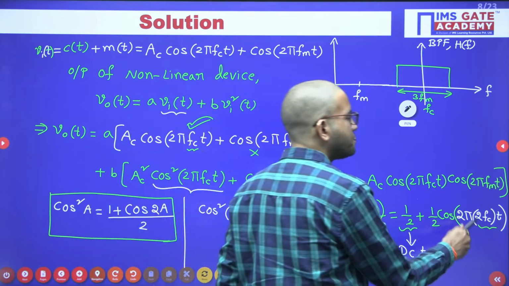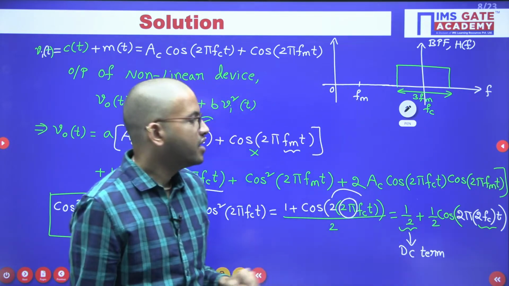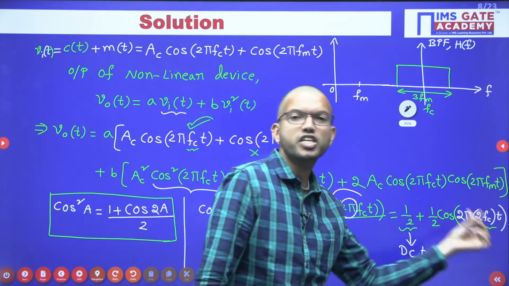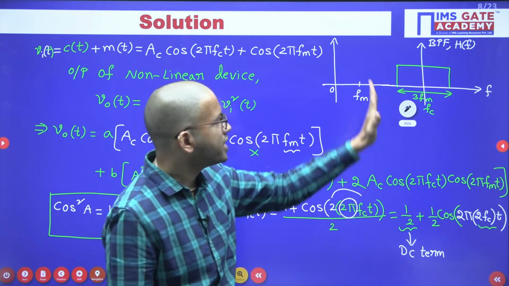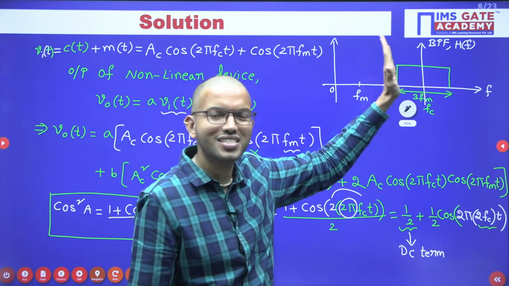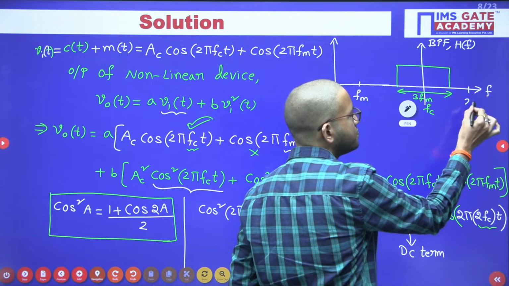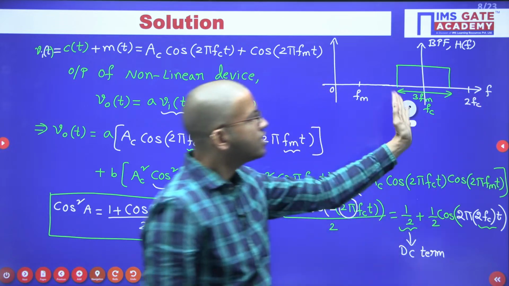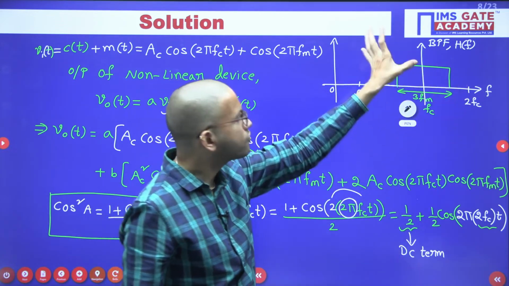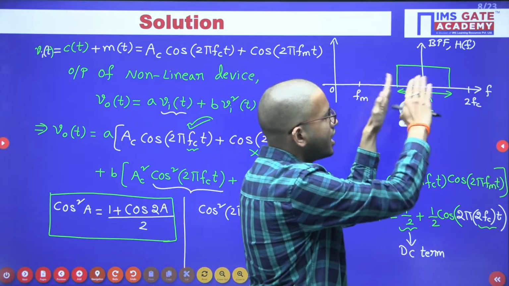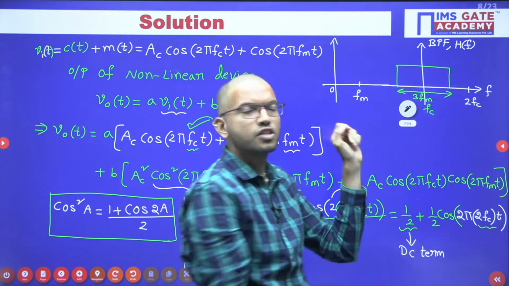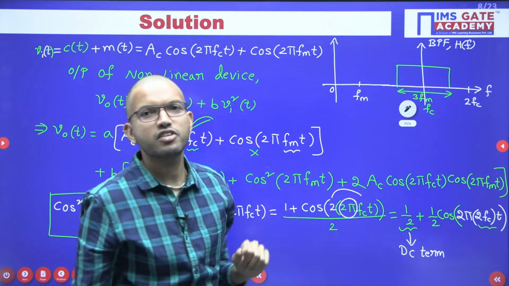Right? Okay. What about this term? Here you are having the frequency 2 times fc. But here for the band pass filter, the center frequency is fc, that means 2 fc you will be having far ahead of this band of frequencies or range of frequencies, right? So obviously that won't pass.